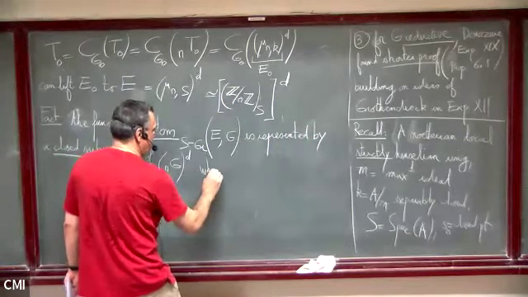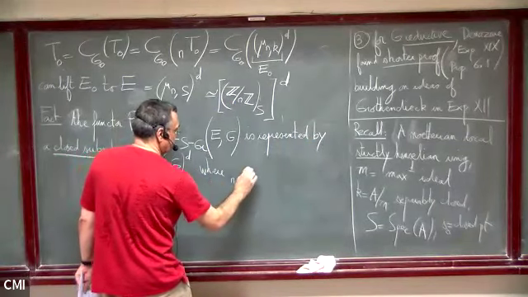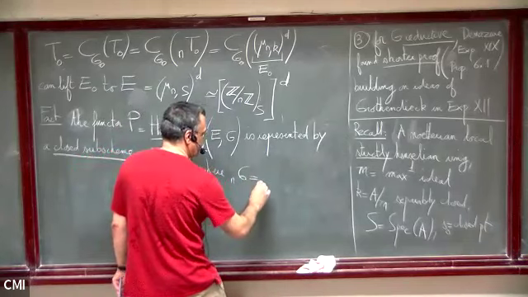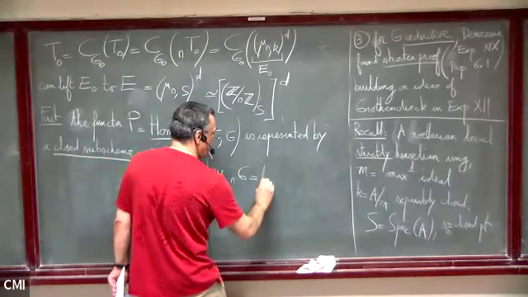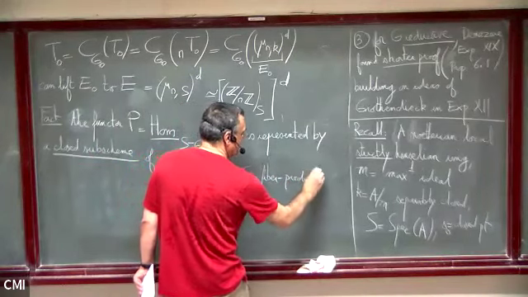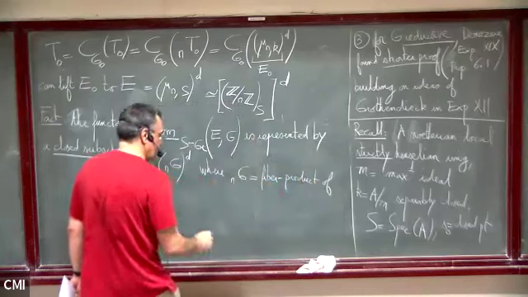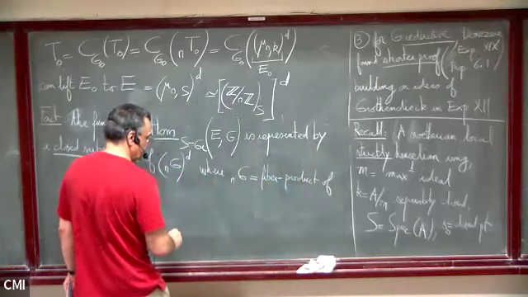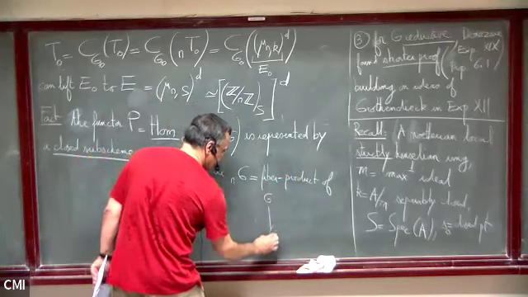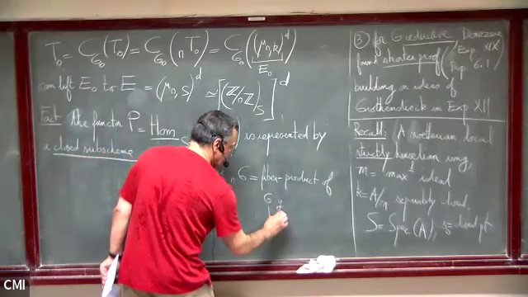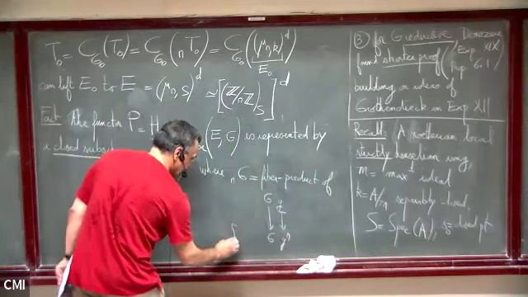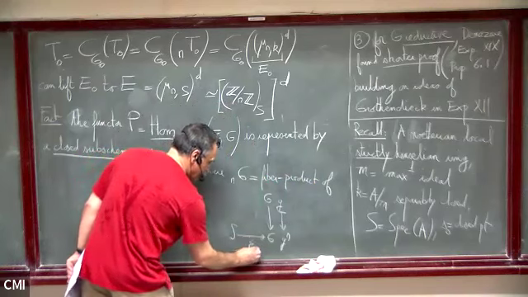where Ng is a fiber product. Well, we have the map from G to itself, which is the nth power map, and here we have the unit section.